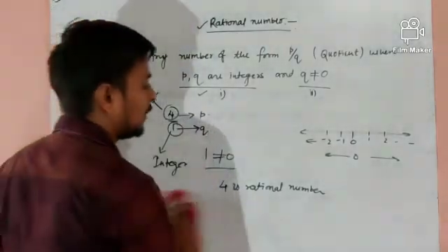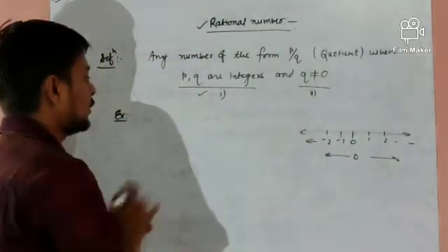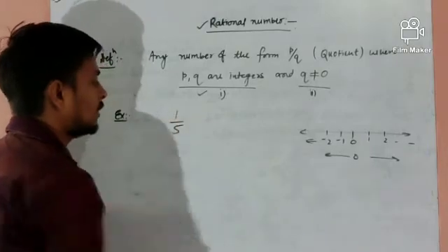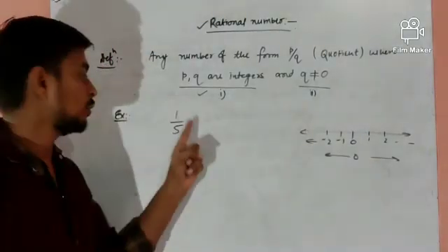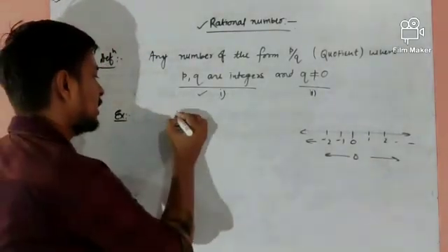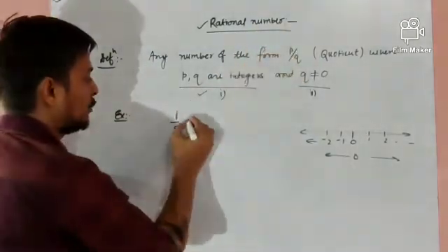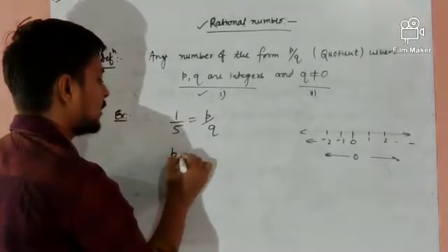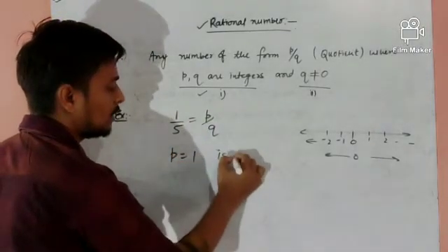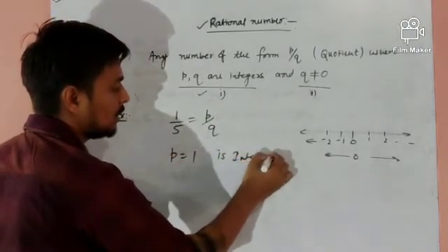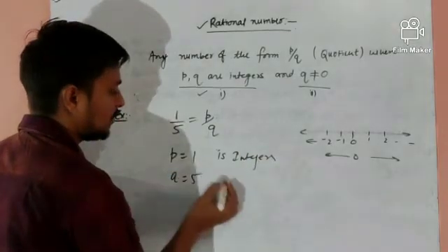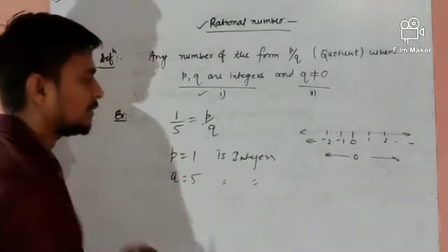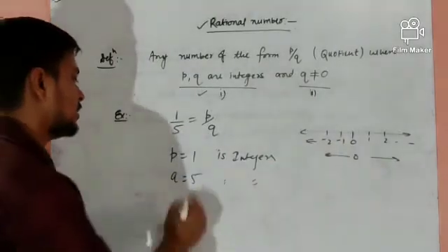Like this example, if we take 1 upon 5, is it a rational number? Just check, this is already in p upon q form. P is 1, an integer. Q is 5, also a positive integer.